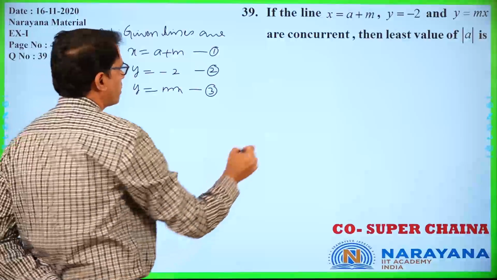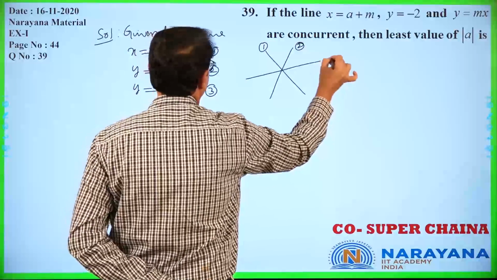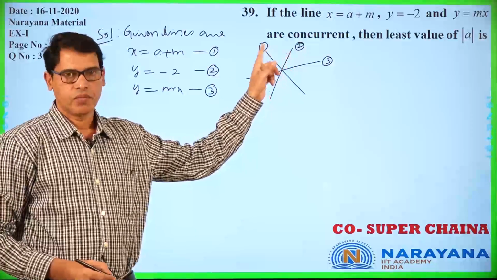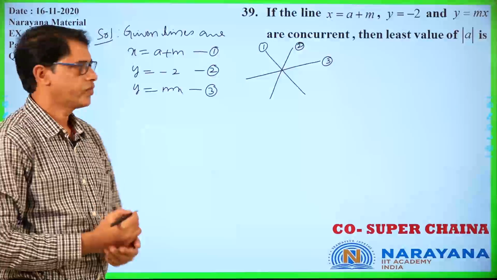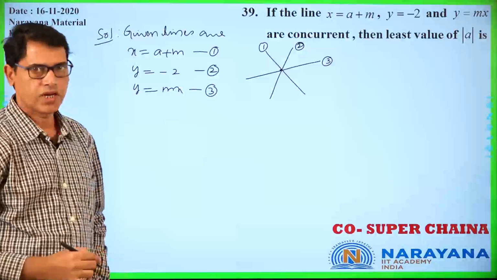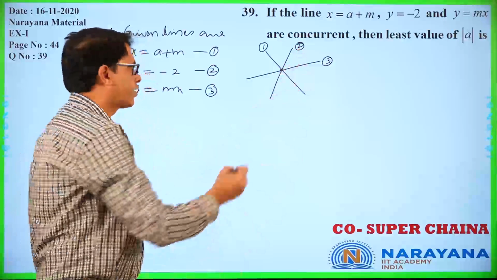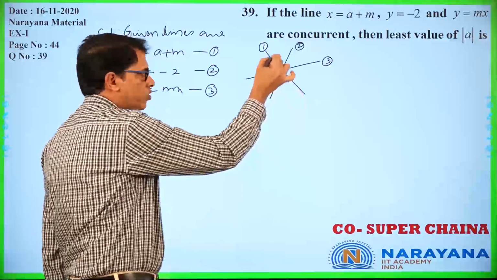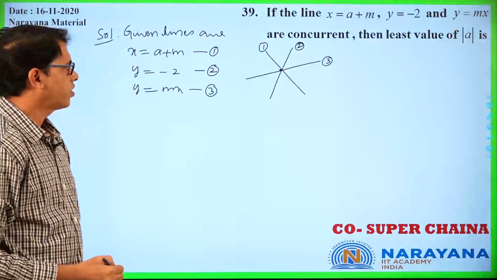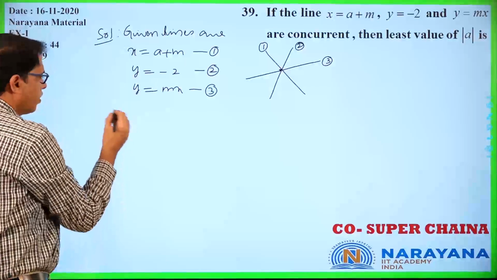If the lines are concurrent, obviously the point of intersection of 1 and 2 lies on the third one. Am I right? So if you solve 1 and 2, we get this point, and this point lies on equation number 3. I am going to apply this condition because the given lines are concurrent. So solving 1 and 2.